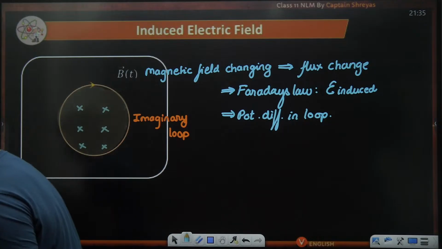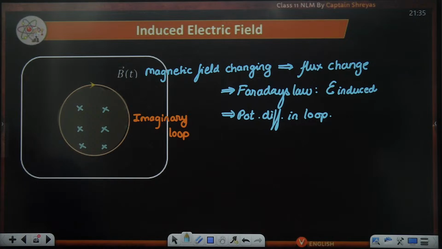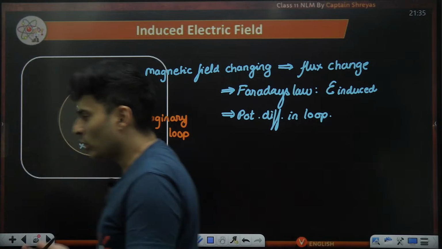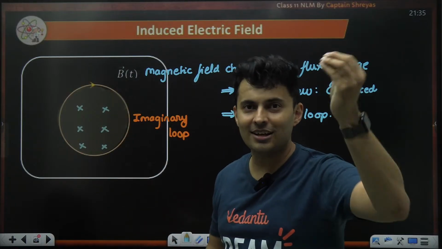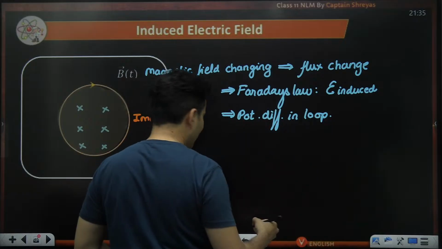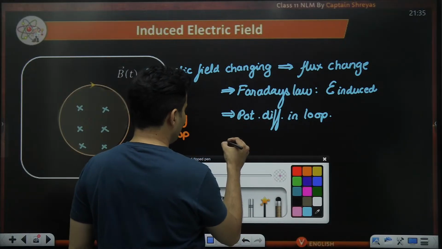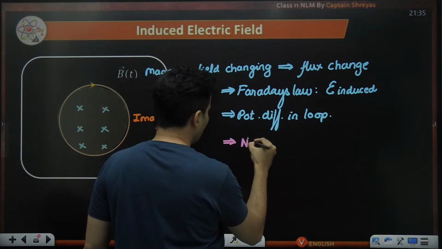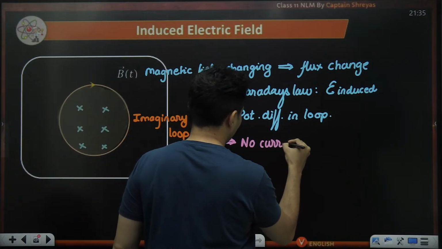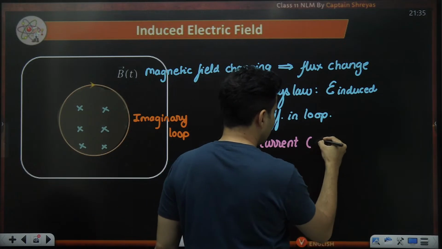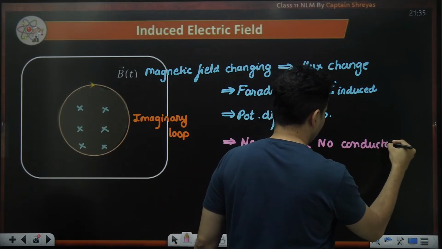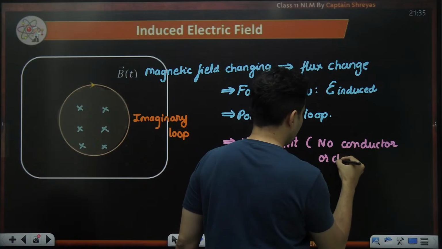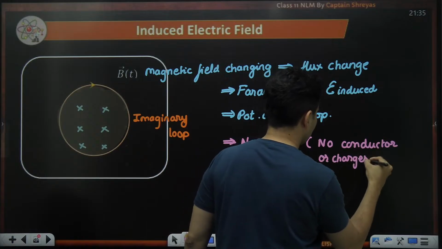No, right? How can there be current? Think about it logically. For current, you need charges. This is an imaginary thing in vacuum, in air. Where will the charges come from? So, obviously, the only different part is there will be no current as there is no conductor or free charges.